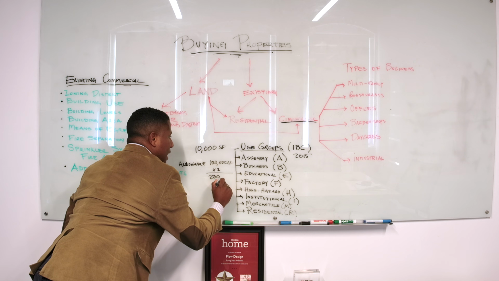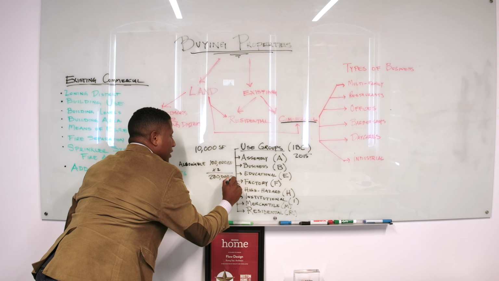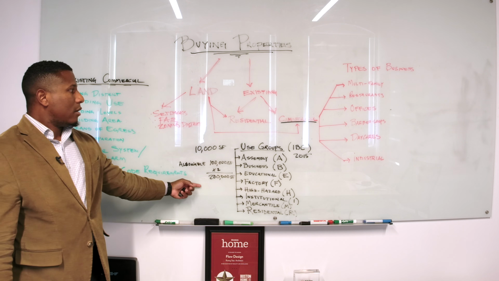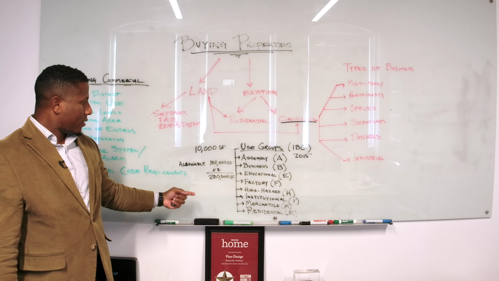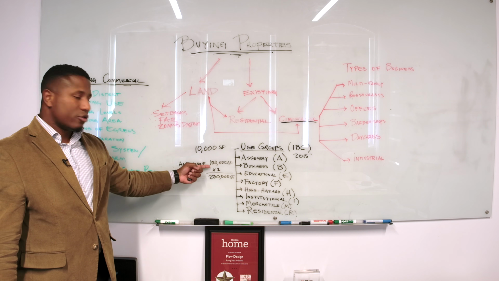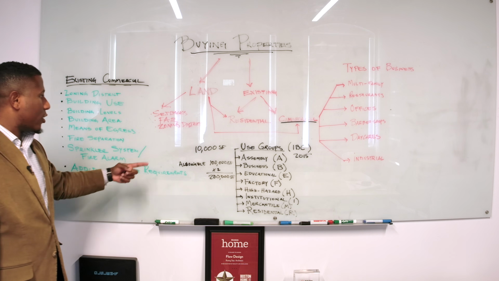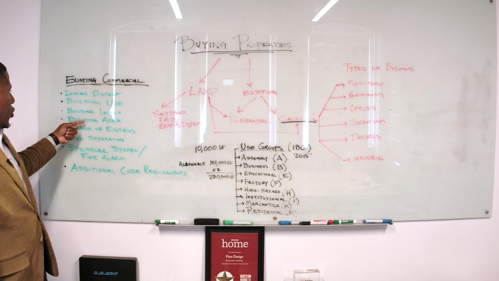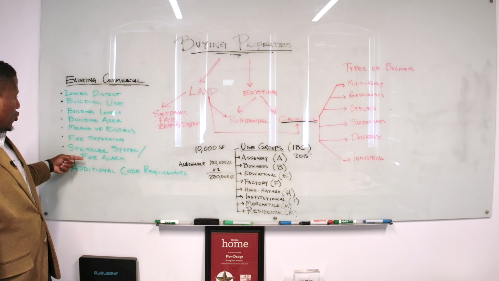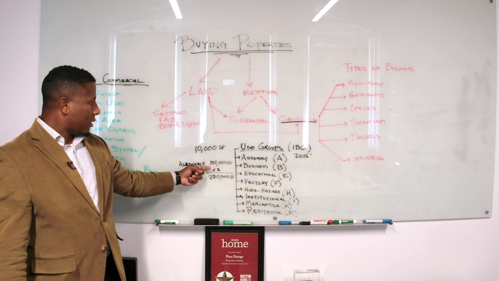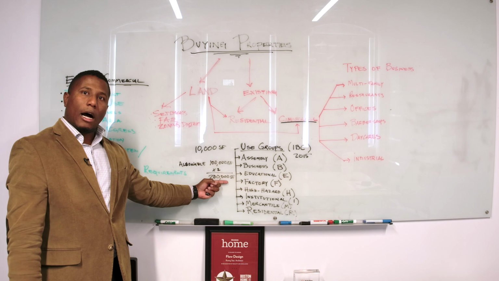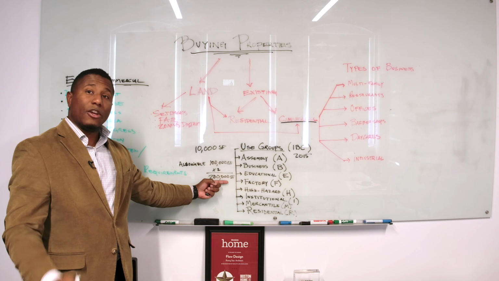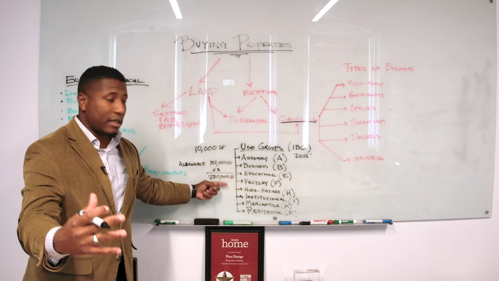So that means that if you try to develop an existing commercial space that is business use group, and the allowable is 100,000 square feet, and the code says, because your building is sprinklered, now you can multiply it times 2, now you have 200,000 square feet that you could play with within that space.